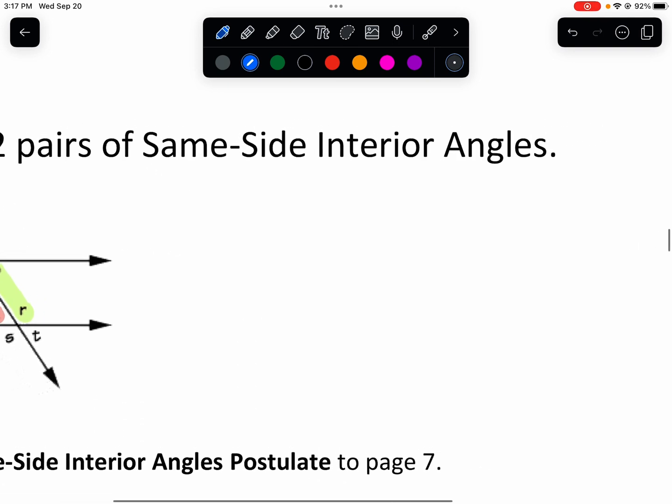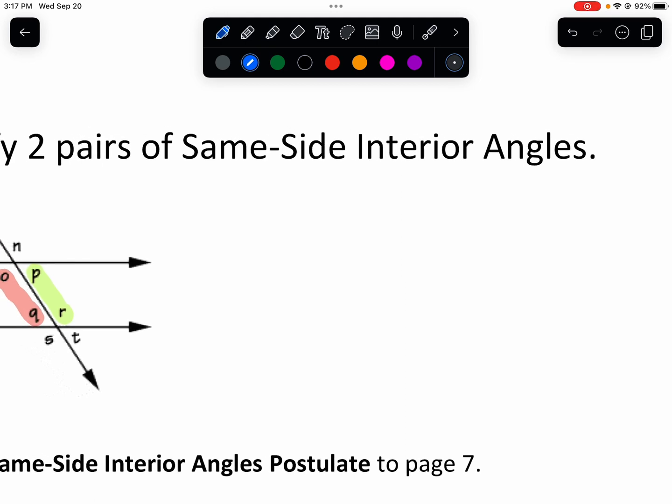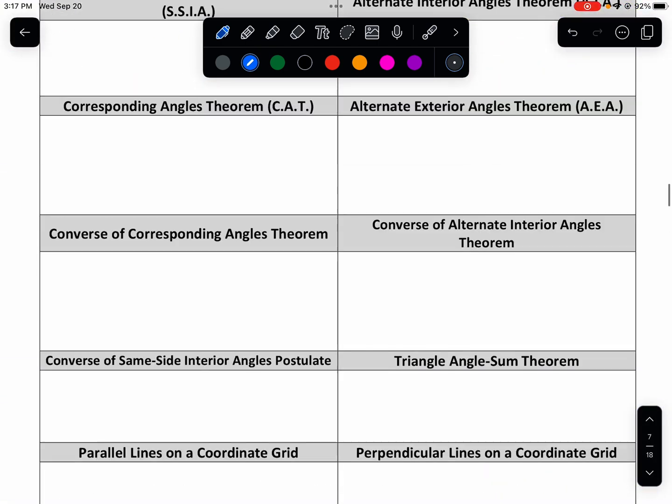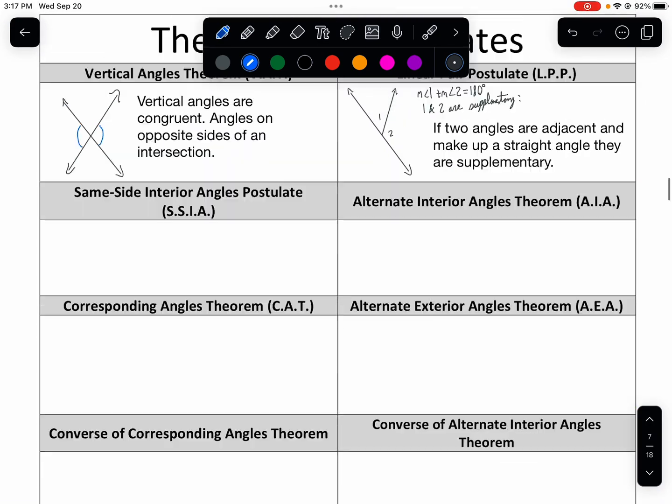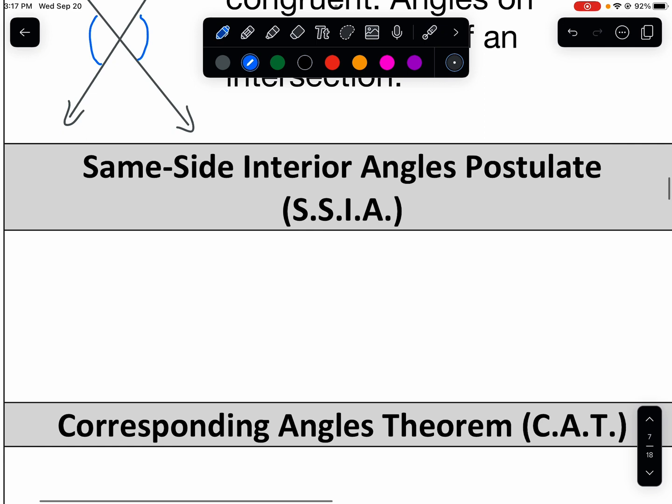So we can actually write that down. And this is actually another postulate for us to go through. So we're going to write it down, but we're going to write it down up above on page 7. It's the same side interior angles postulate. So we're going to draw a quick set of parallel lines. I'm going to do some vertical lines this time.